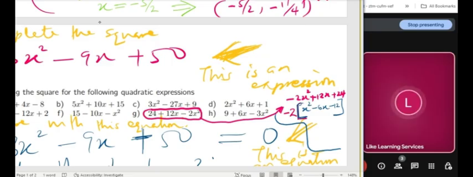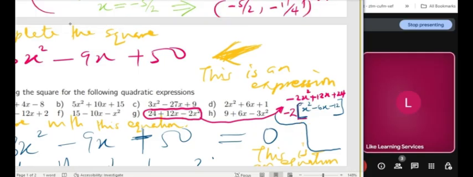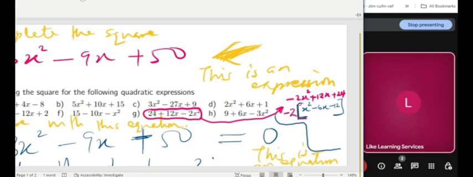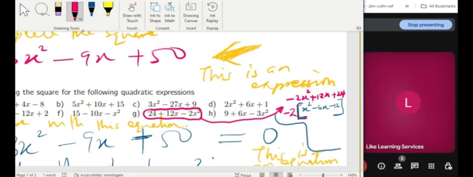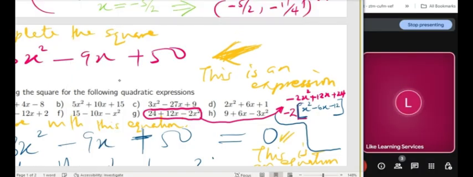You can finish it off from here. Just complete the square for the one inside the bracket. Let me just get it to a point and then you finish off the rest. It's your work. You just do it and give me the answer.